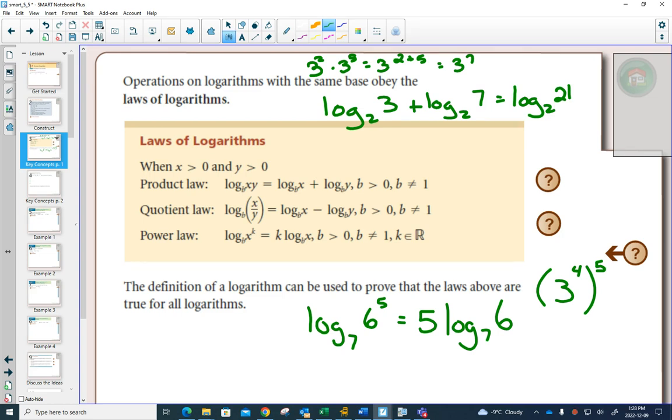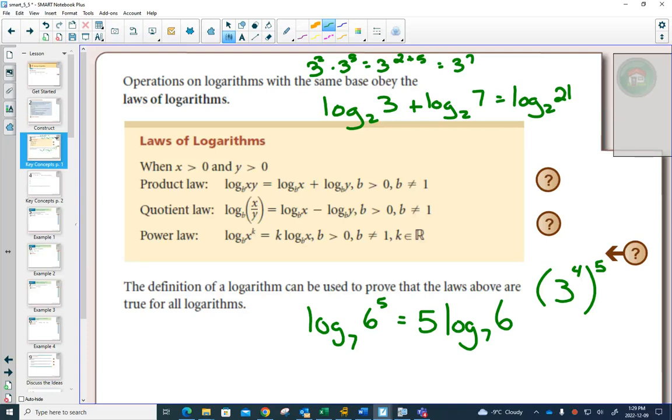These 3 log laws are on your formula sheet. We consider the left-hand side the simplified side. Writing it as a single logarithm is considered simplified. And we would consider the right-hand side the expanded side. And what we're going to do with our log laws is, at the beginning, we're just practicing them, and you're just getting good at the skill of working with them.